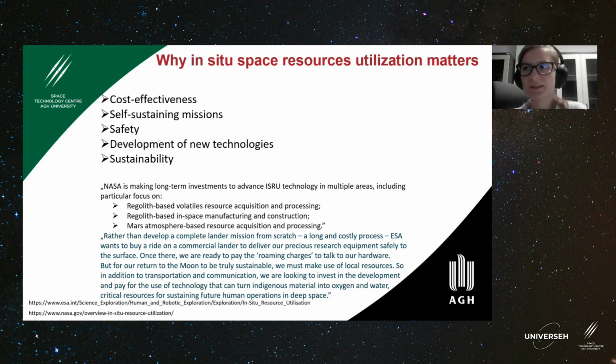So, for example, bases made from regolith, like buildings, houses, factories, and Mars atmosphere-based resource acquisition and processing. And ESA also pays attention to the idea of using technology able to turn indigenous material into oxygen and water, which are considered to be critical resources for sustaining future human operations in deep space.